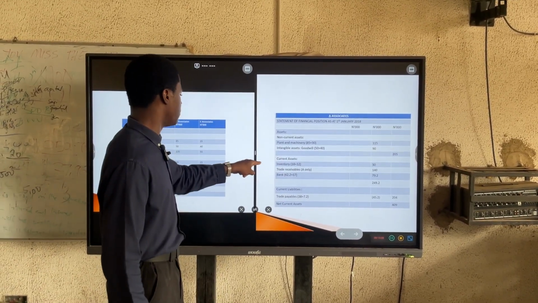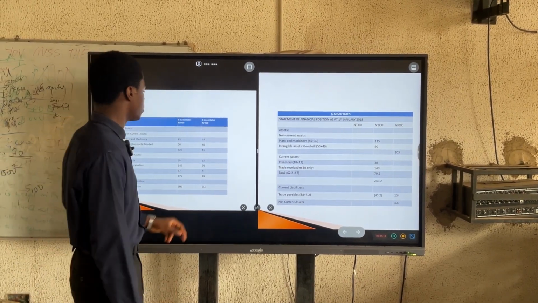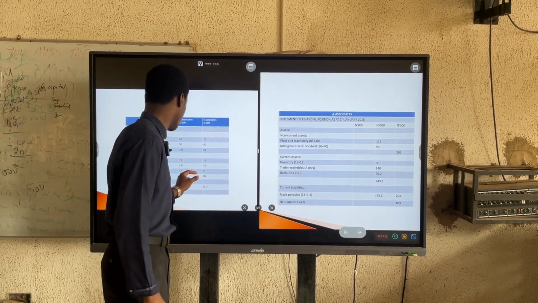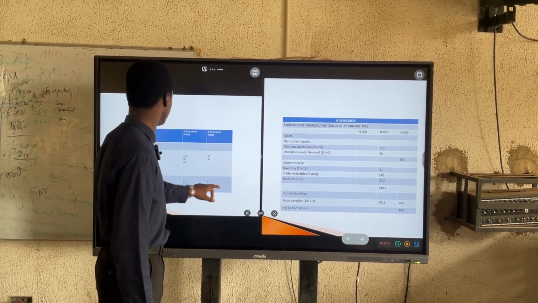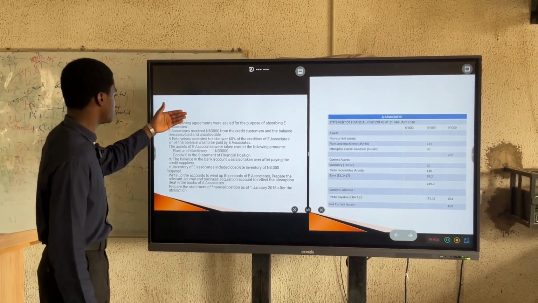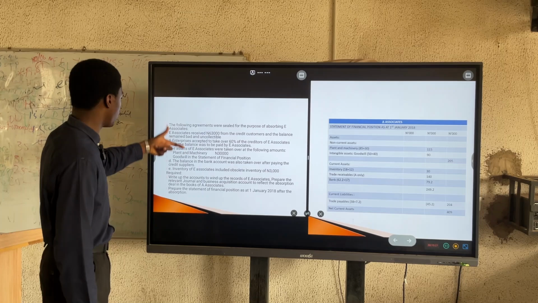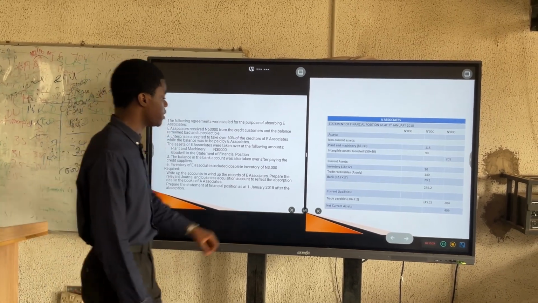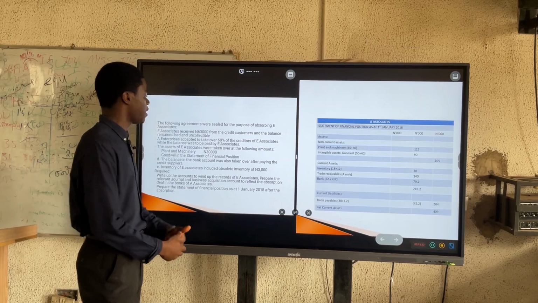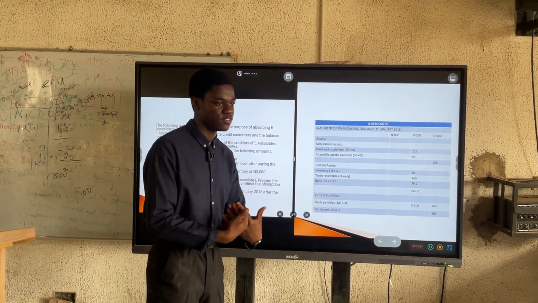For trade receivables, we have 140. So 70 was not added to 140. Why was it not added to 140? If you look at the question, it said A associates received 63,000 from credit customers and the balance remained bad and uncollectible. So it means there is no more trade receivables for E associates, meaning that E associates has received the money due for trade receivables.